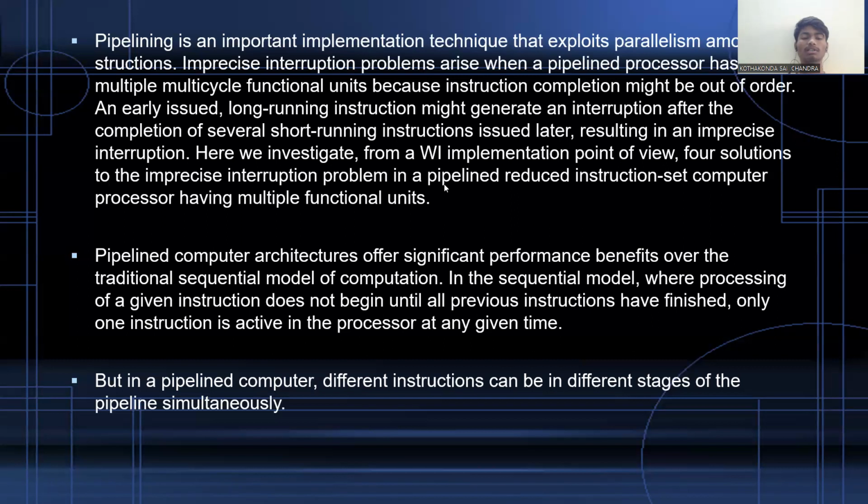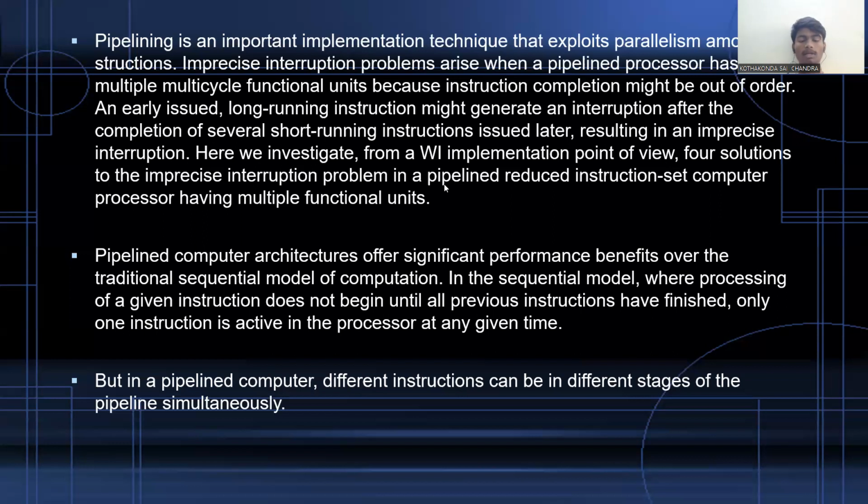Pipeline computer architectures offer significant performance benefits over the traditional sequential model of computation. In a sequential model, processing of a given instruction does not begin until all previous instructions are finished. Only one instruction is active in the processor at a given time.